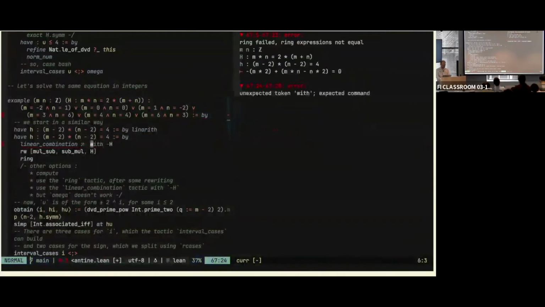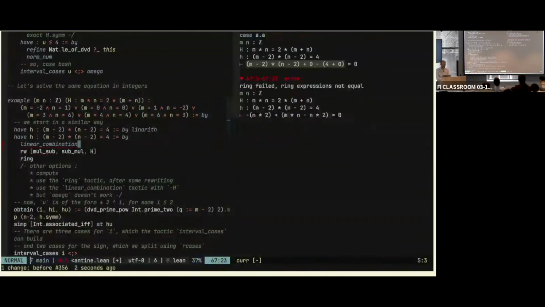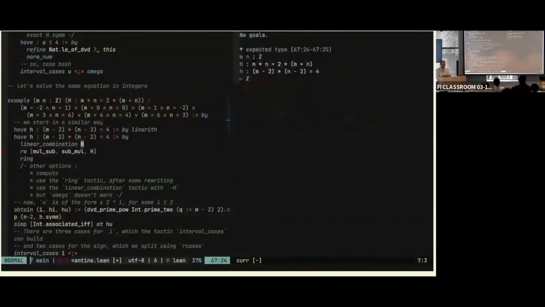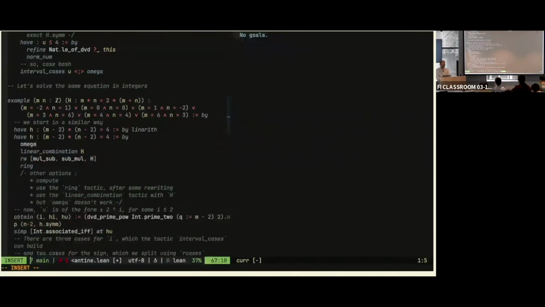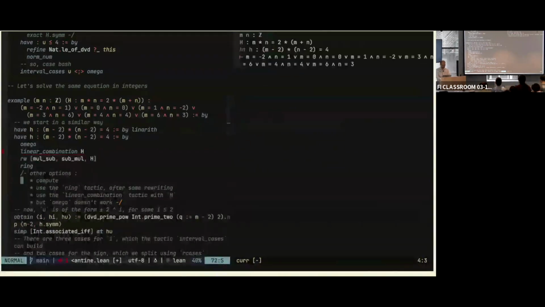It's with, yeah, it's h, sorry. And omega doesn't work either, because you need to fill in the hypothesis, I believe. Oh, no, if you ring_nf first, then omega works, sorry.